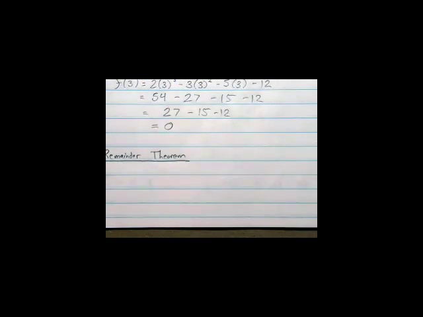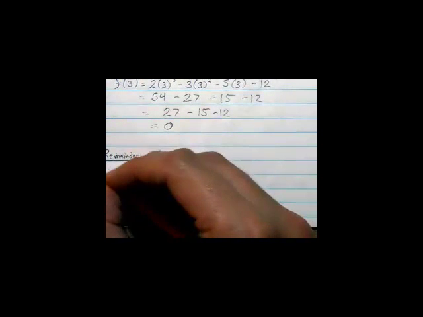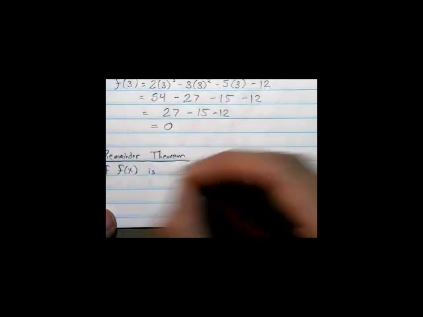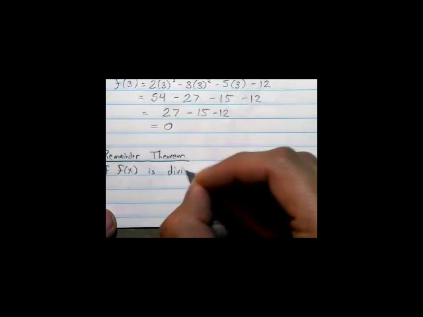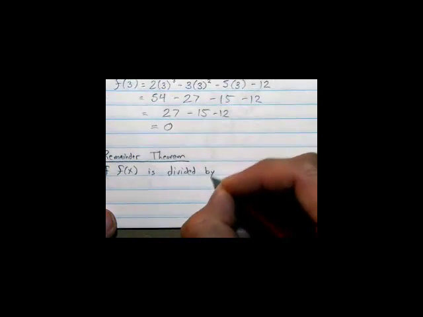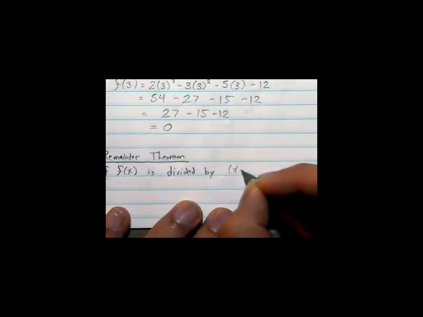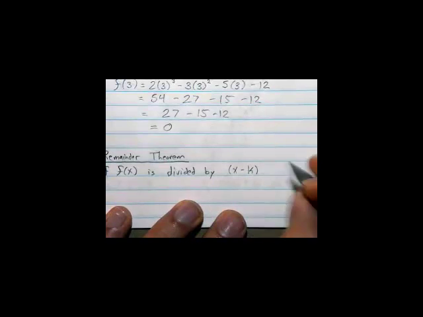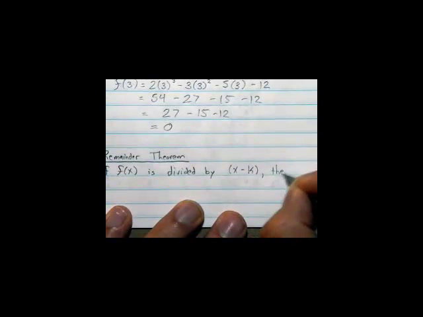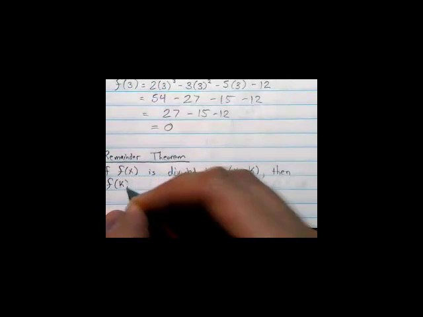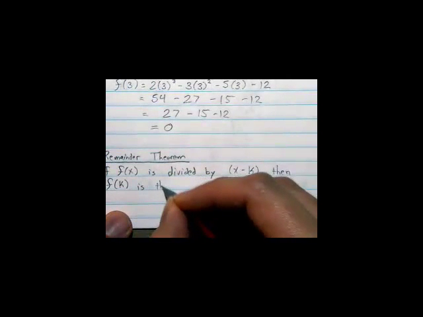So let's make sure I'm saying this the right way. If f of x is divided by x minus k, then f of k is the remainder.